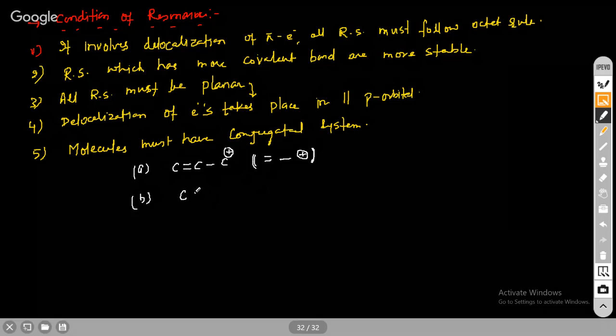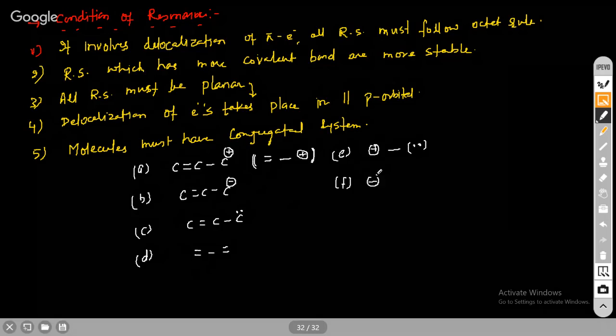Another one, if you have C double bond C, single bond C and negative charge on it, conjugated system. If you have C double bond C, single bond C and lone pair on it, conjugated system. If you have double bond, single bond and double bond, conjugated system. Positive charge, single bond and lone pair, conjugated system.